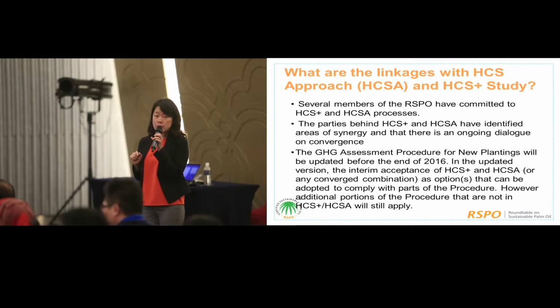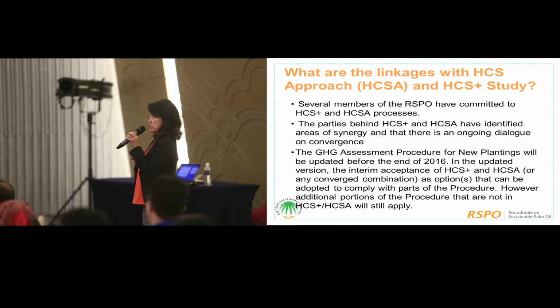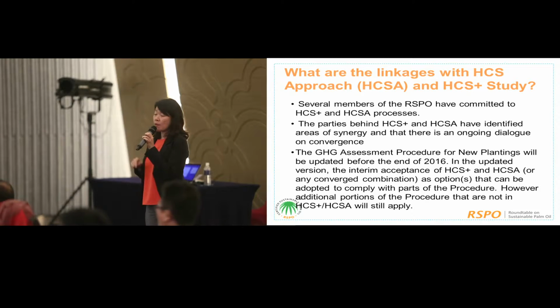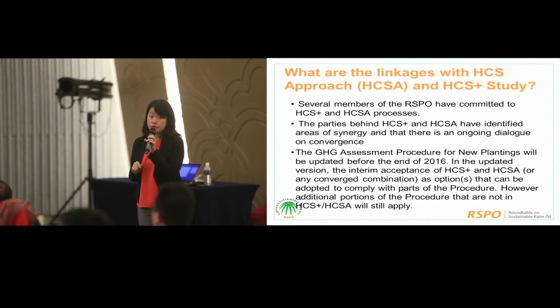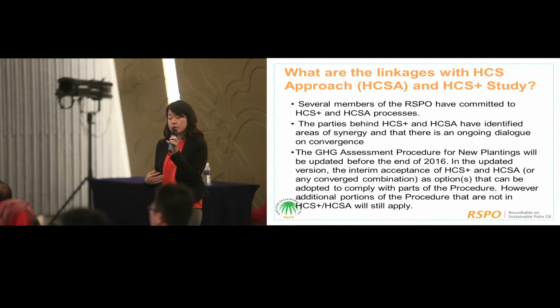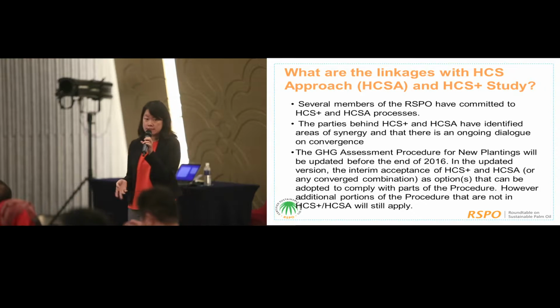Another important thing that I want to highlight is that the greenhouse gas assessment procedure, right now what you find online is the December 2014 version. And we want to update this before the end of 2016 because we have seen already many submissions between this time. Based on the submissions, we also realized that some companies remain confused on certain things.